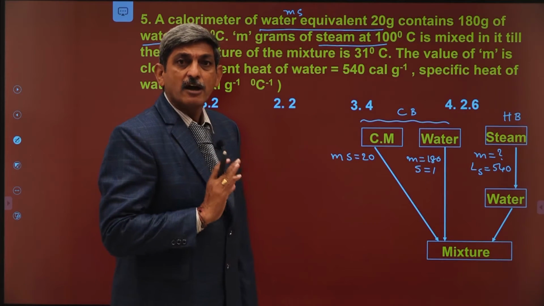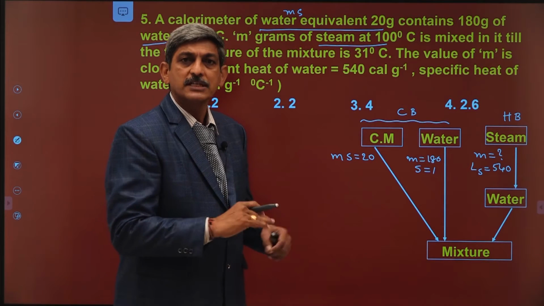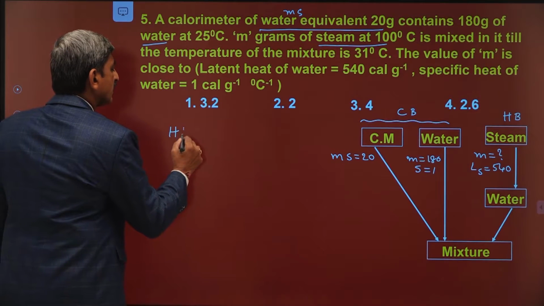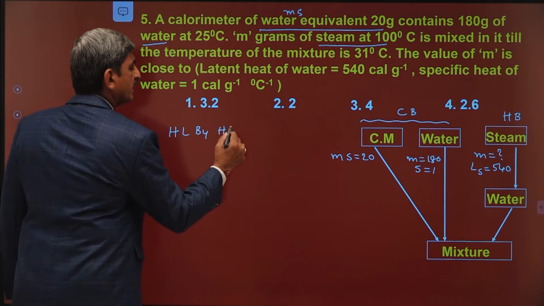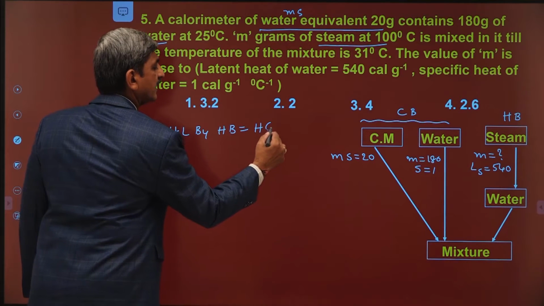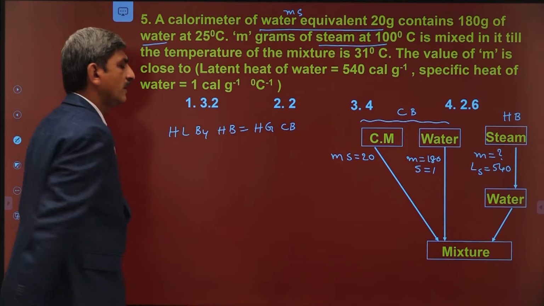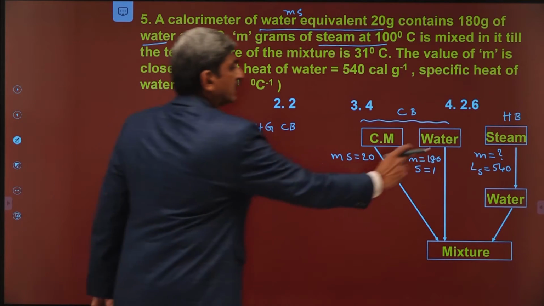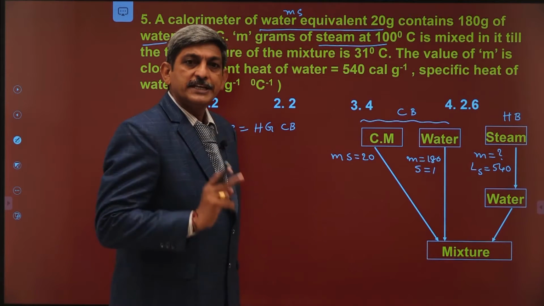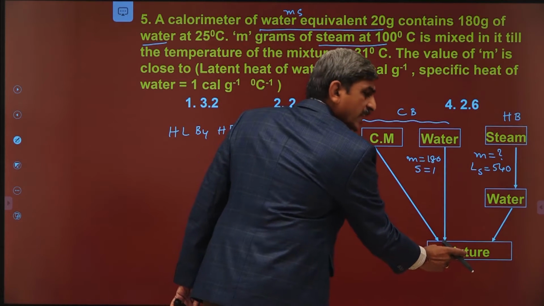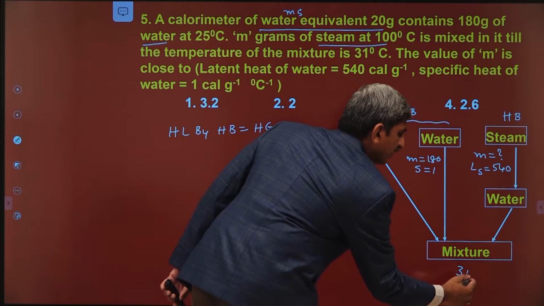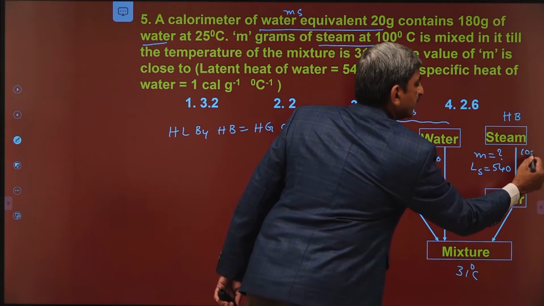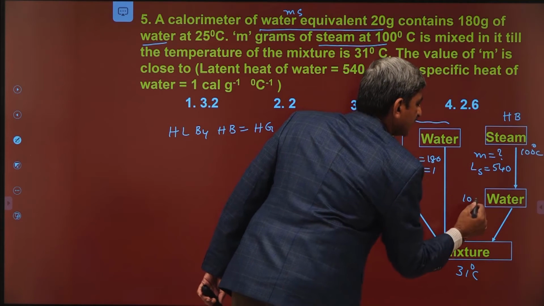Now, whenever a hot body and a cold body are mixed up, according to the principle of the method of mixtures, the heat lost by the hot body is always equal to the heat gained by the cold body. Here, the steam is the hot body. In case of the steam, before it reaches 31 degrees centigrade, two things occur. First, the steam at 100 degrees centigrade changes into water at 100 degrees centigrade.